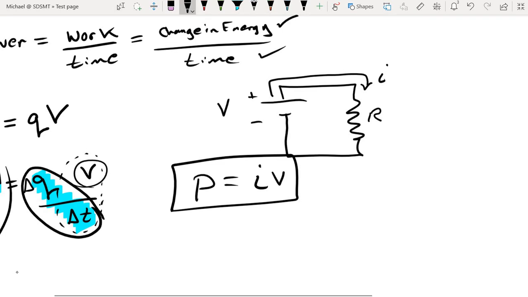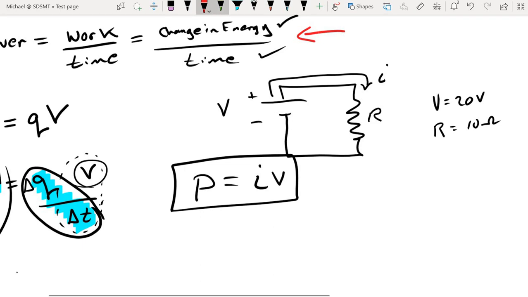If we apply some values, so maybe our battery is 20 volts, and we'll do a 10 ohm resistor. So what is the power associated with that resistor? And again, remember the definition. Power is change in energy with respect to time.